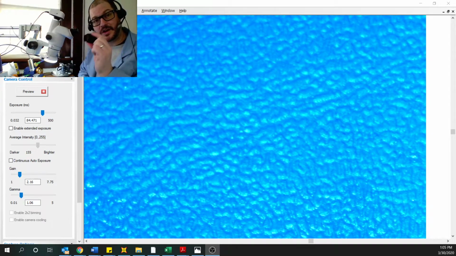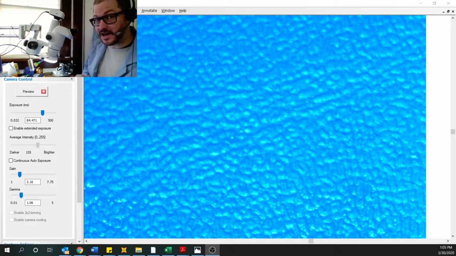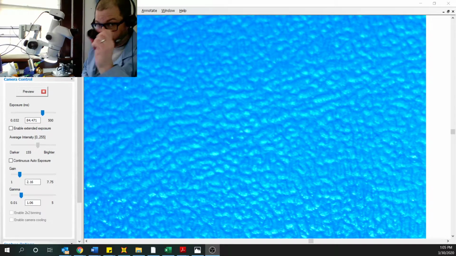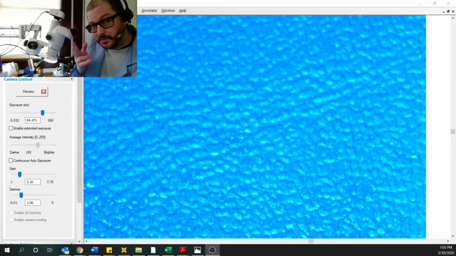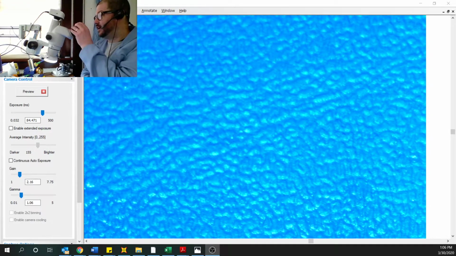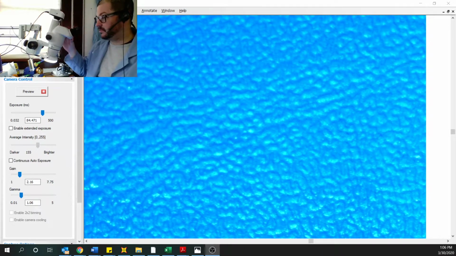These eyepieces are what we call 10x, which means that the eyepiece by itself will make things look 10 times as big as if you were normally looking at it with your eyes. There are two eyepieces, one for each eye, that go into the microscope here.